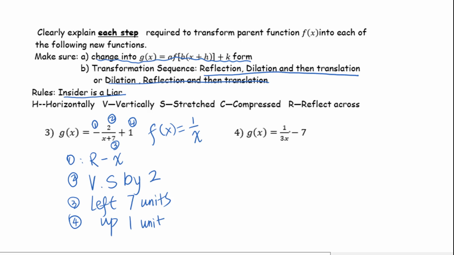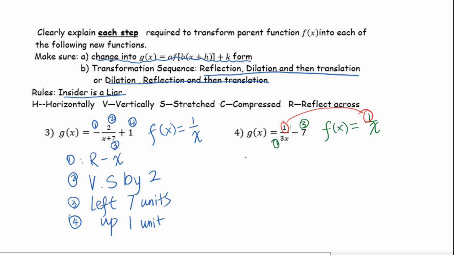Let's go to question 4. The parent function is 1 over x. Compare with 1 over x. We have to do a transformation for this 3, and then for this -7. This 1, don't do any transformation because you have a 1 over here.